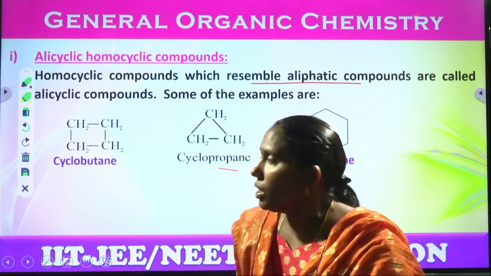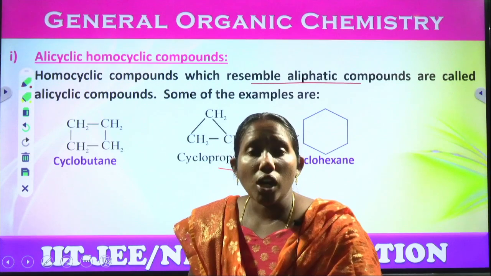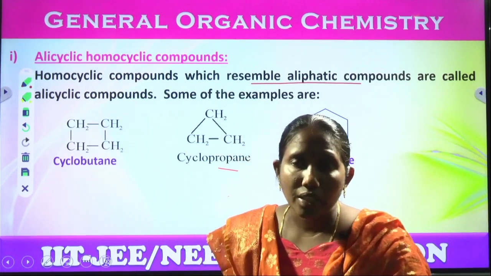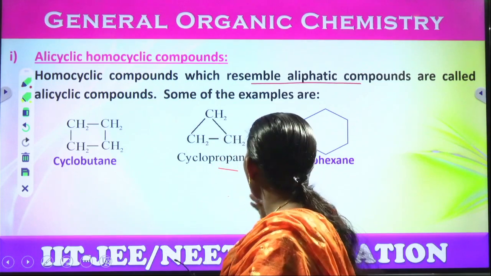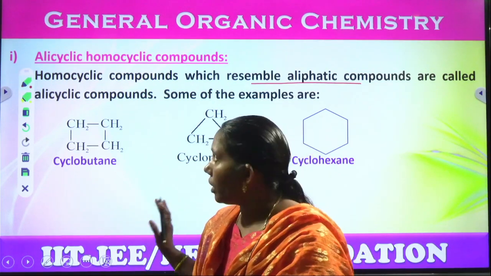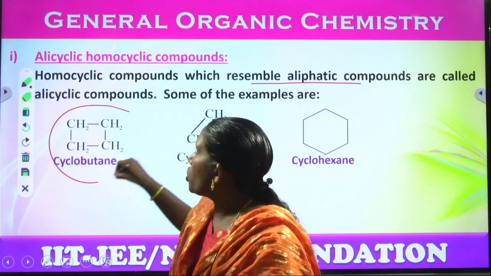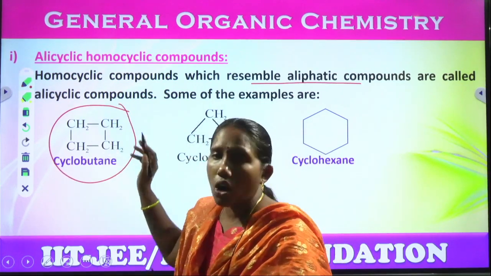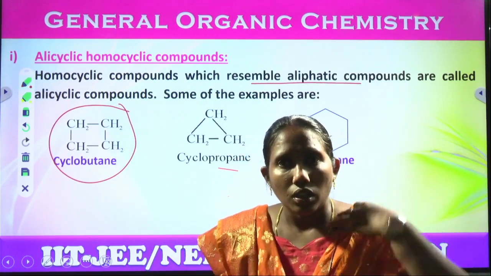Aliphatic means there will not be any aromaticity. Alternate double bonds present is called aromatic in nature. All these are aliphatic only. Aliphatic alicyclic compounds. Here if you observe, this is alicyclic, there are no alternate double bonds, no 4n+2 pi rule and all, right?